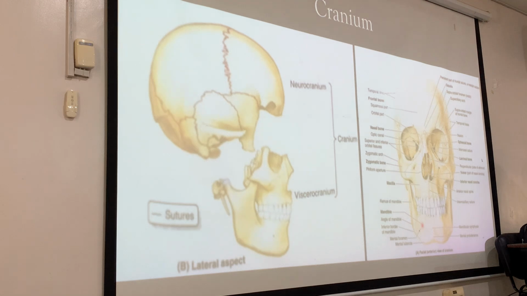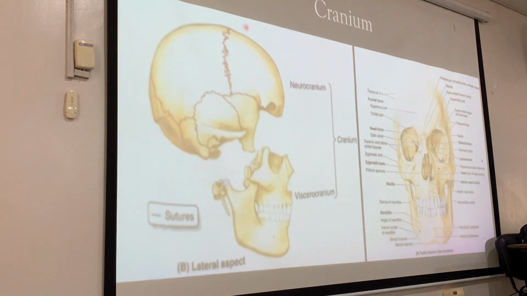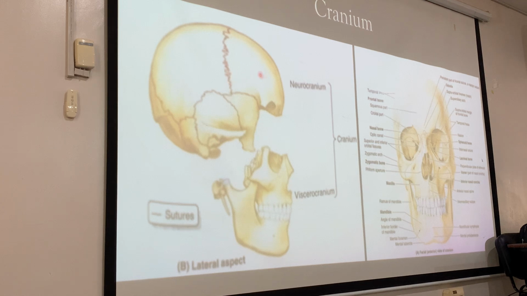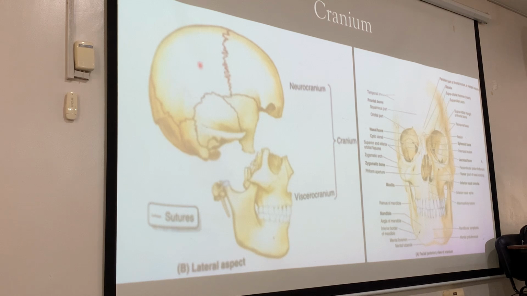And you can see that the neurocranium is an amalgamation of different bones. For example, this bone is the frontal bone, and it is fused with the parietal bone here.